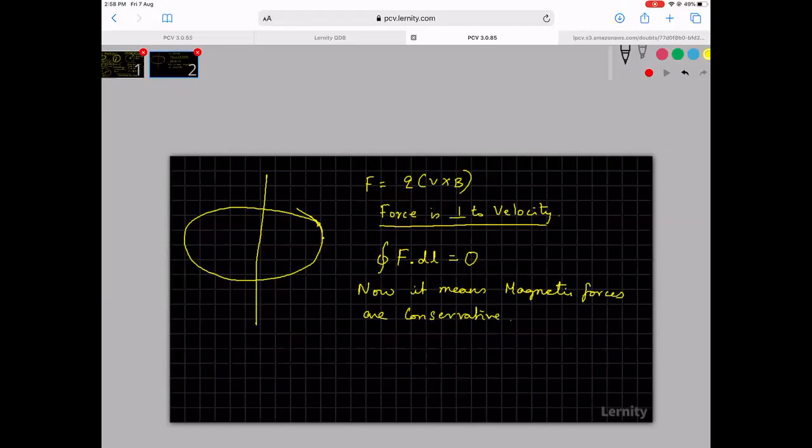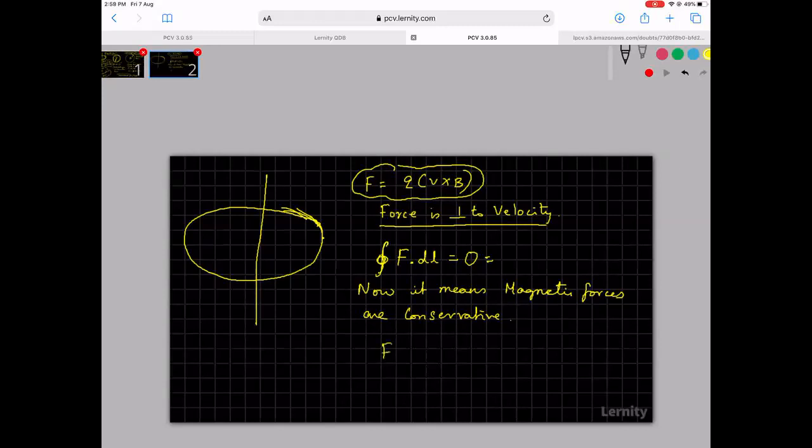Do we understand? Suppose you take a charged particle and you make the charged particle move in this. The earlier contention was, look, there is no force acting on it. But now when you look at this whole example of q into v cross b, you will see that the force is perpendicular to velocity. Because force is perpendicular to velocity, the integral of F dot dl will become equal to 0.